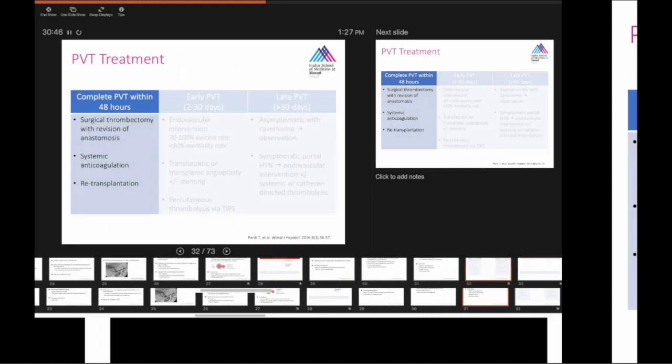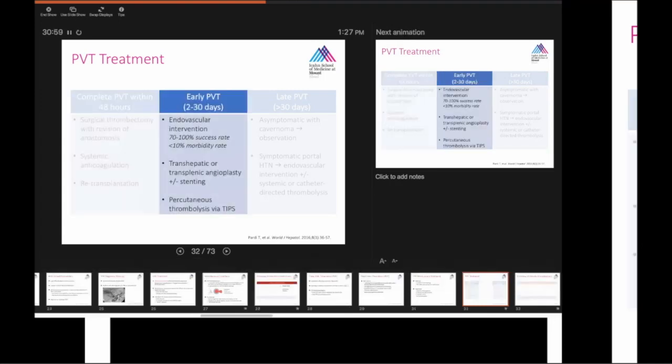Treatment: PVT that develops within 48 hours needs surgical treatment and systemic anticoagulation, maybe even retransplant. PVT that develops after that may respond to endovascular intervention, with a very high success rate. The interventional radiologists can do angioplasty with either a transhepatic or a transplenic approach.